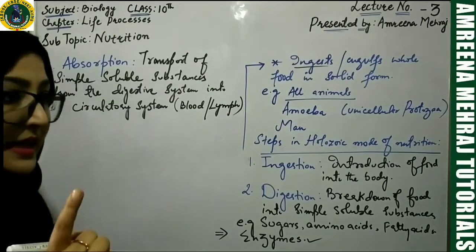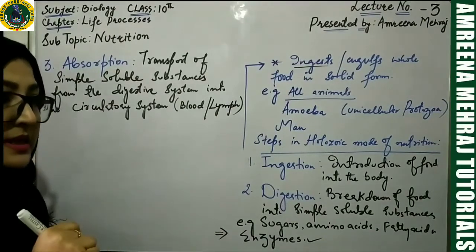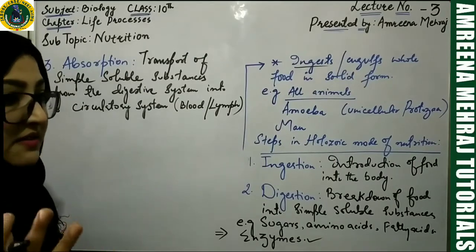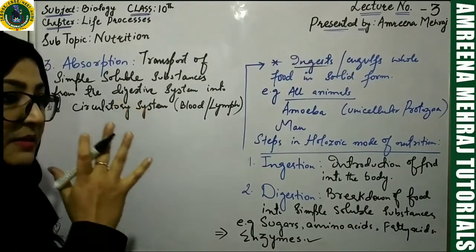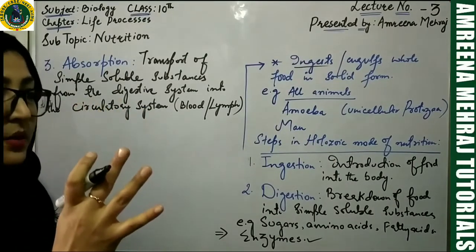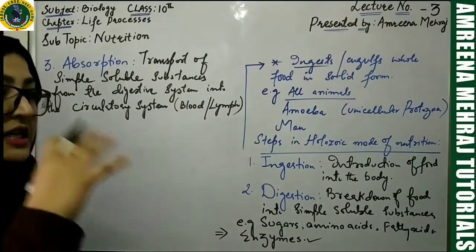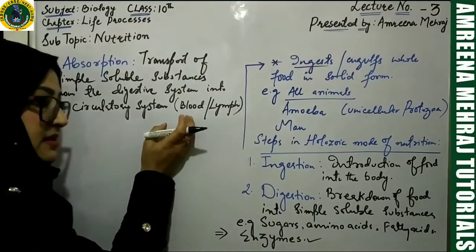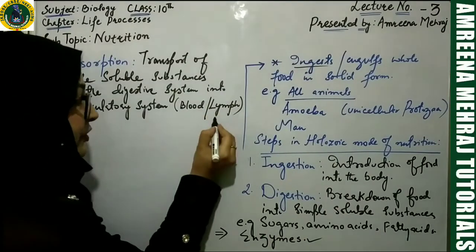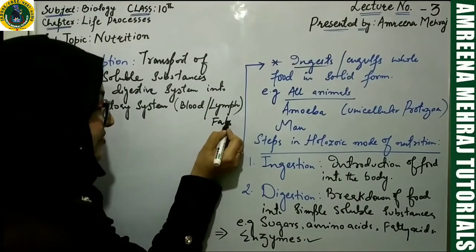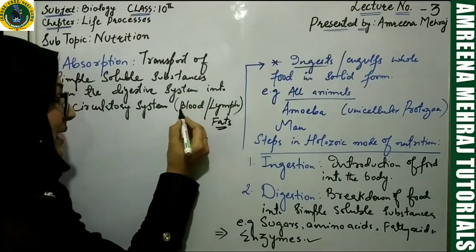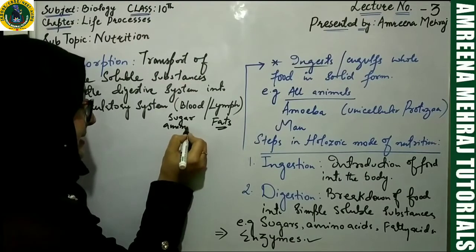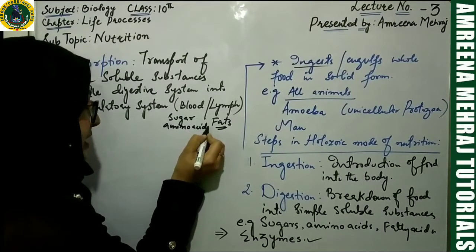You have studied in lower classes that humans have two types of circulatory systems. We have two types of fluid connective tissues. On one side we have the blood, and we have another transportation system called the lymphatic system. The fats are transported via lymph, whereas sugars and amino acids are transported via blood.